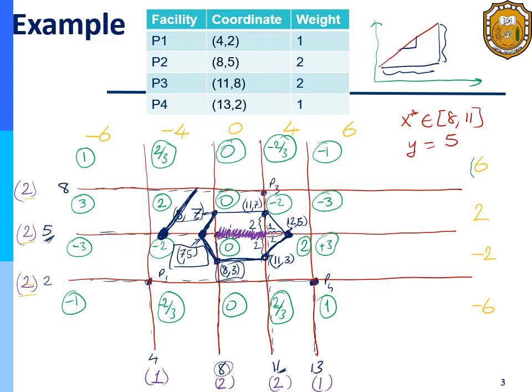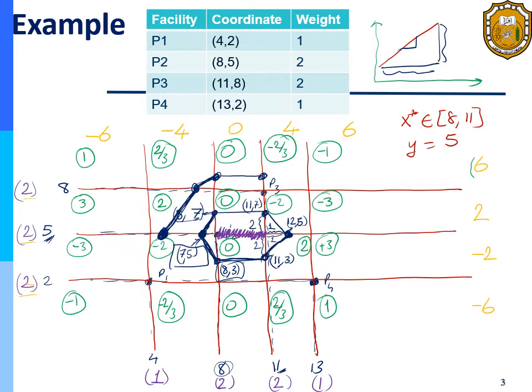If you enter into this grid, now as you can see, the slope is changing. This was 2, this is 2 over 3. 2 over 3 is closer to the x-axis, I mean, not as steep as 2. Then you will be entering into this one, and here you will be going parallel and entering into this grid. And it has negative 2 over 3.